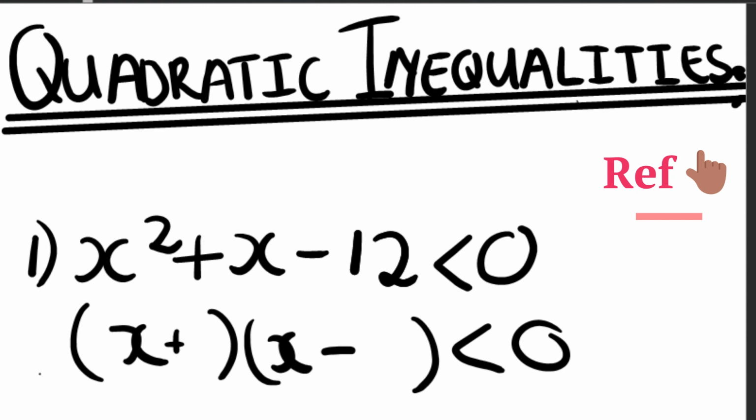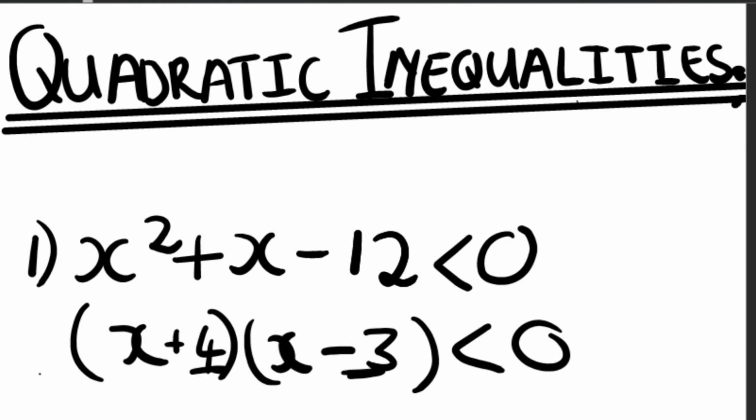We are looking for factors of 12 that, when we subtract them, give 1. Those factors are 4 and 3. We put the bigger magnitude first, 4, and then 3, such that positive 4 minus 3 is positive 1.